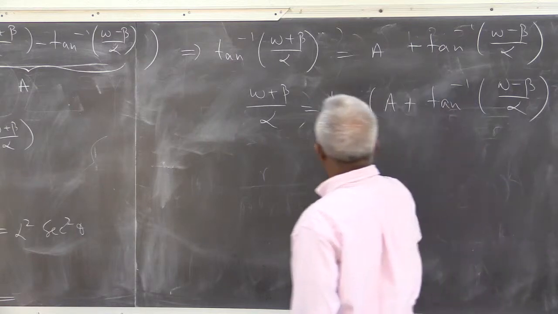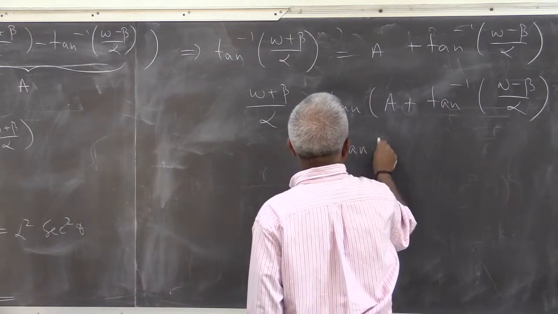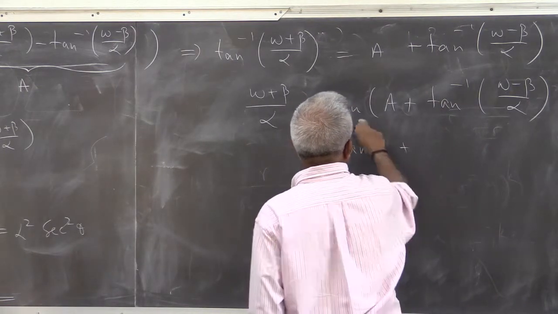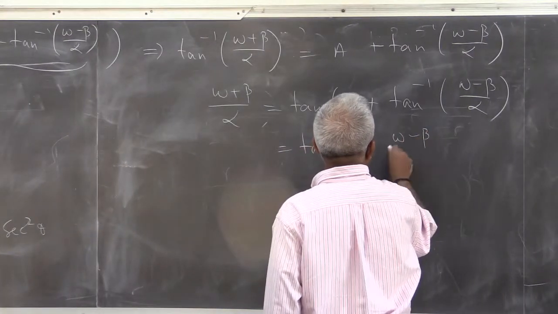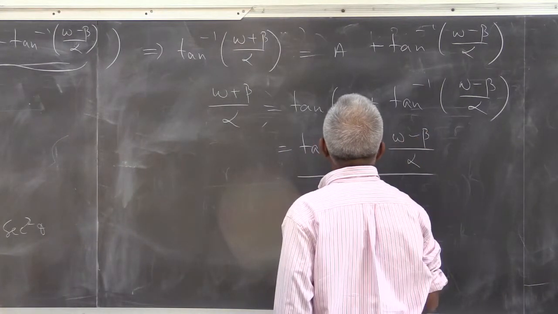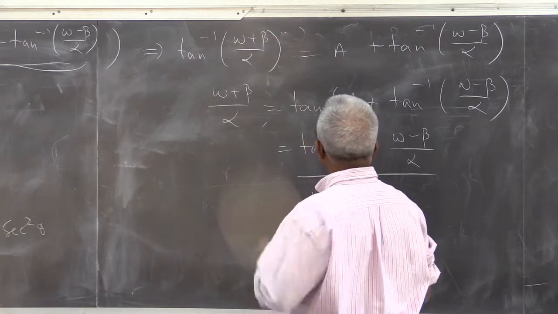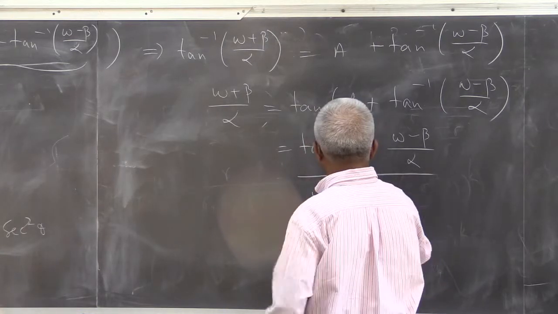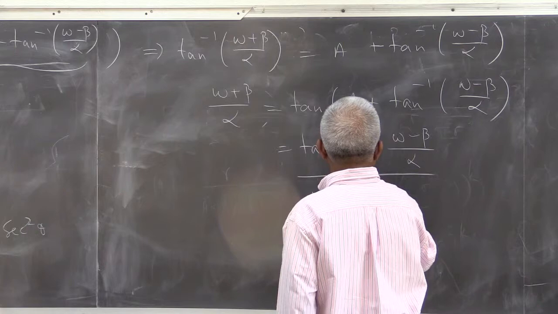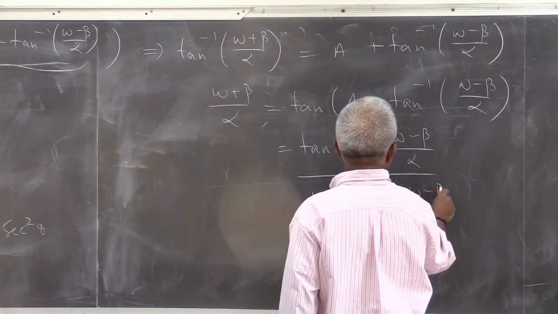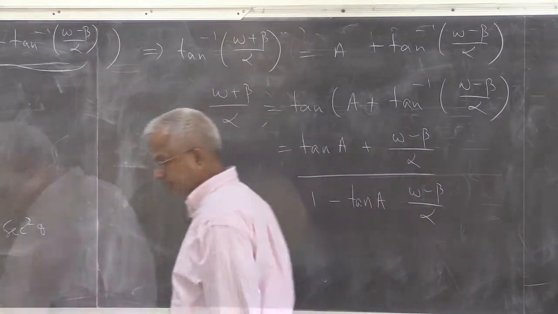But tan of (A plus B) is tan A plus tan B over 1 minus tan A tan B. Tan B is omega minus beta over alpha.